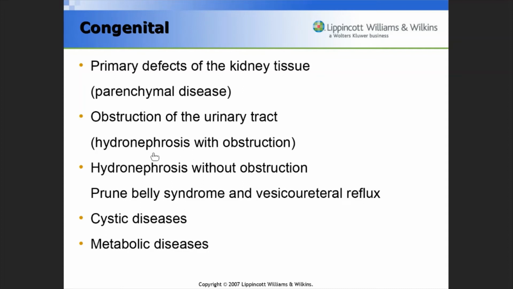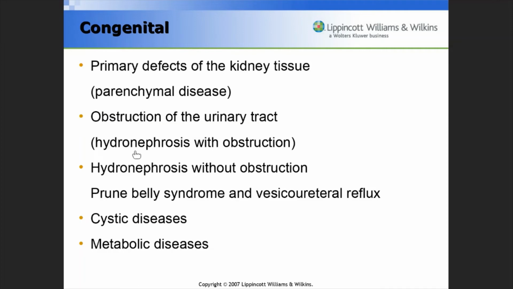Okay, so obstruction can occur anywhere from the pelvic ureter junction, ureter vesicle junction, and even the urethra could have its own additional muscle development or tissue development, so that the urethra itself can cause that obstruction.